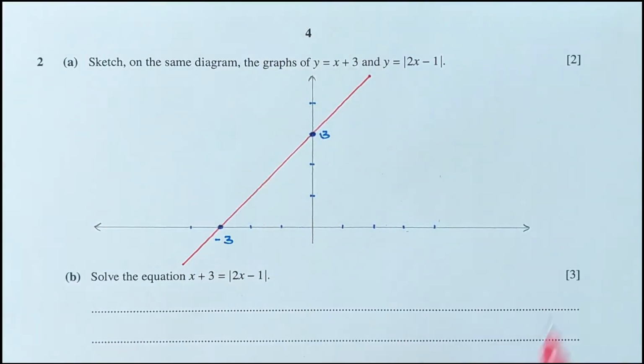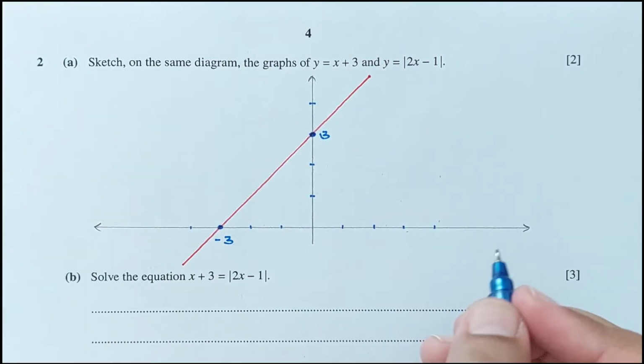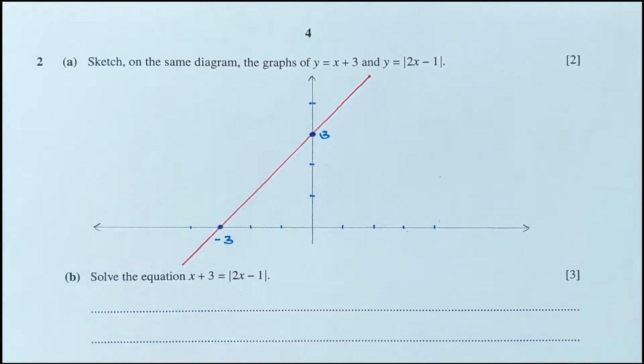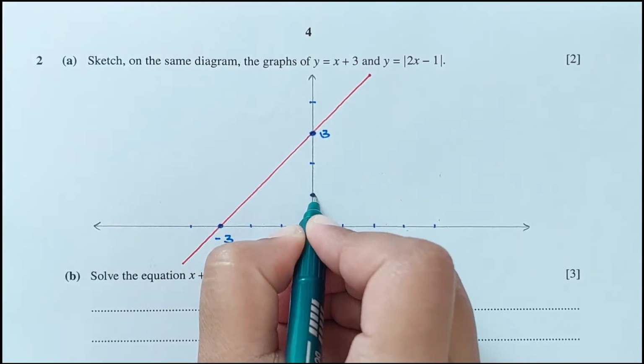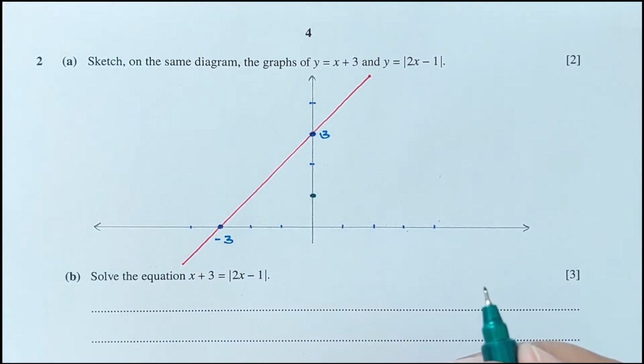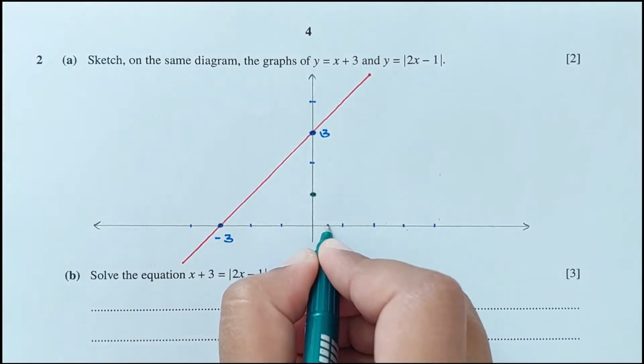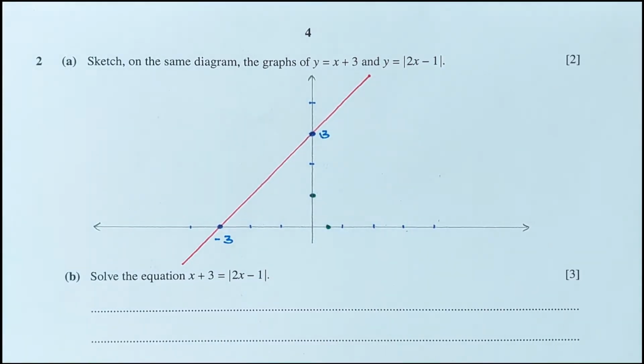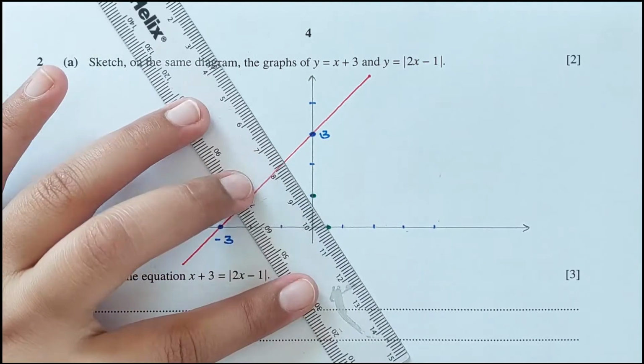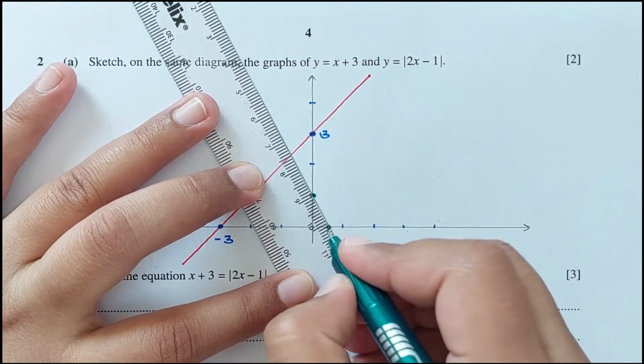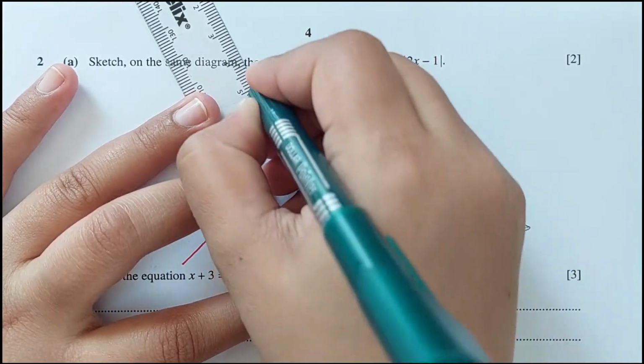Okay, now the second one, when x is 0, y is equal to 1, this point. Okay, and when y is 0, x is 0.1. So this is 0.1, right? Let me take another point. It's a v-shaped graph for the absolute value function.